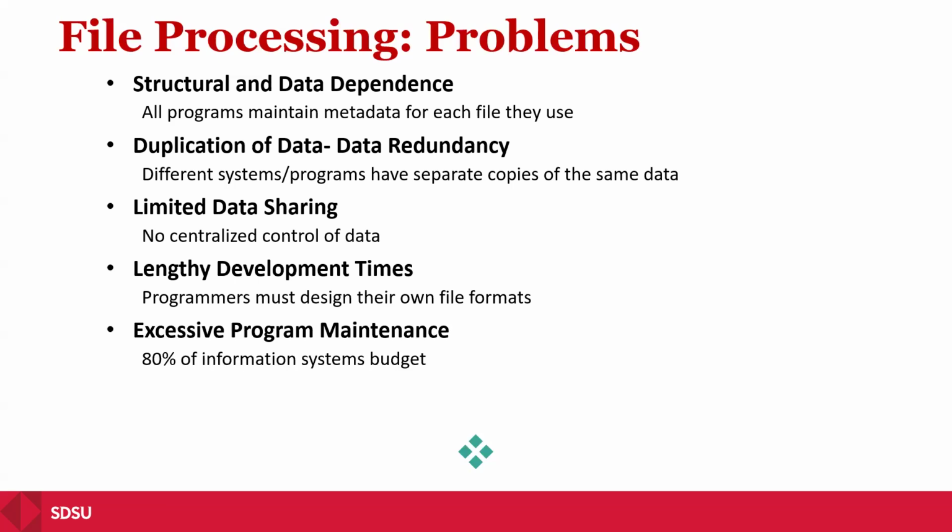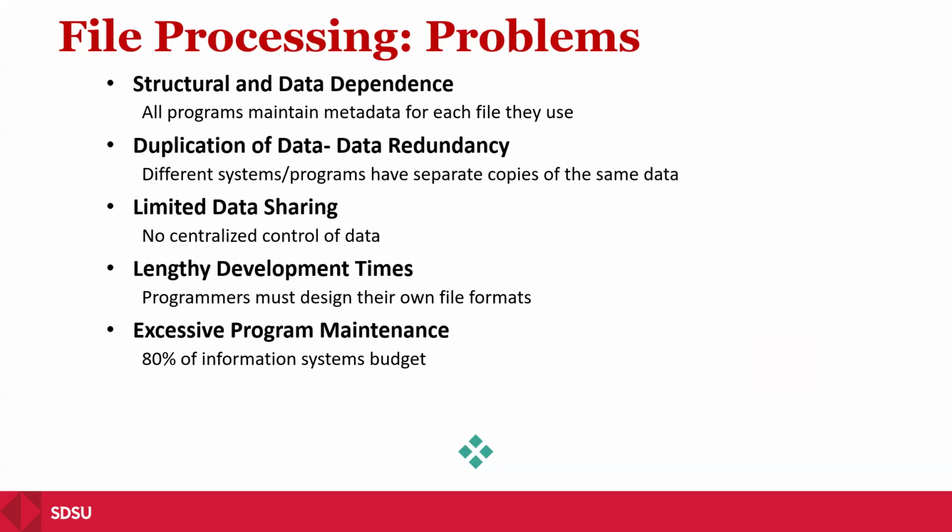So file processing systems also have very heavy program maintenance. If a routine needs to be rewritten, it takes a lot of effort. And as business shows, 80% of the information systems budget goes into support of file processing systems.